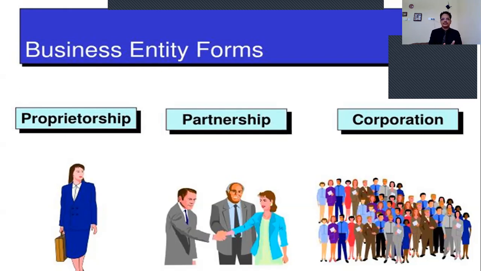After that, you decide which form of entity or organization is to be started, whether proprietorship, partnership, or corporation. A cooperative society is also there, registered under the Cooperative Societies Act with different rules. I am not discussing it here. Here we are concerned with only three forms of business unit. I hope you have got a brief idea about these three forms of business unit. Thank you. Thanks a lot.